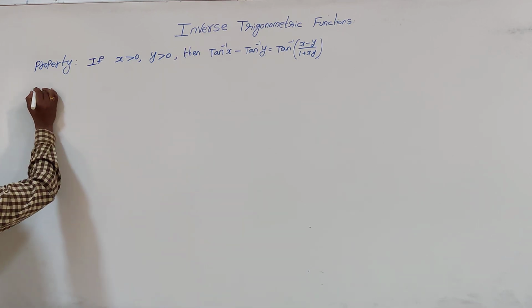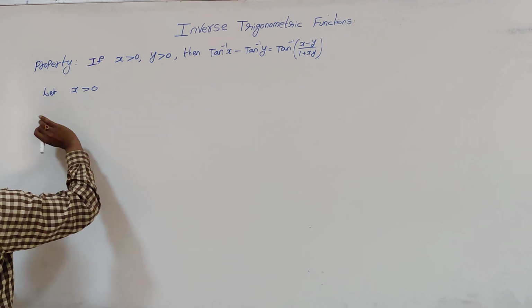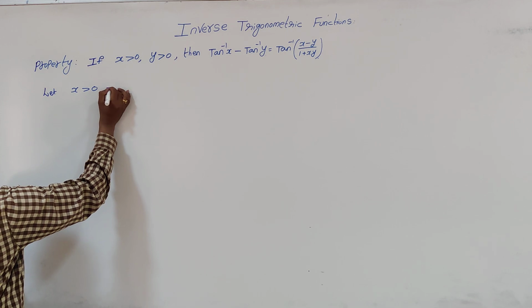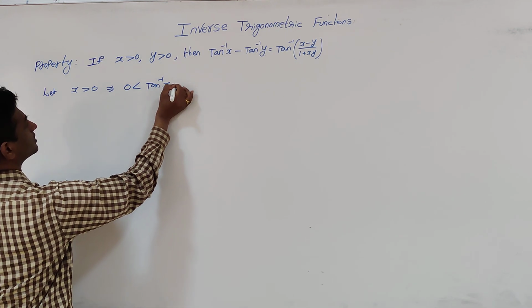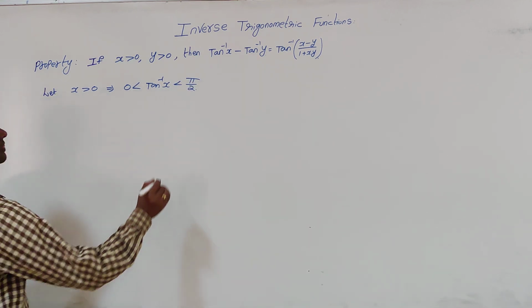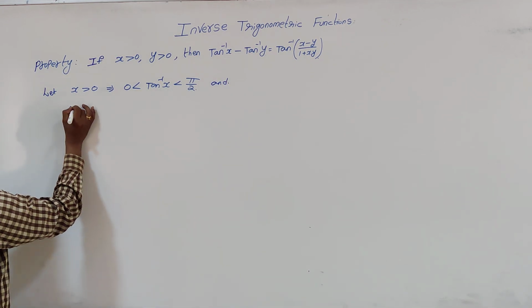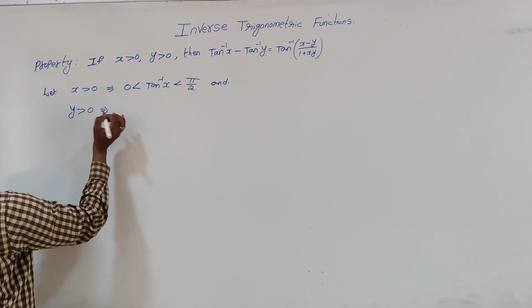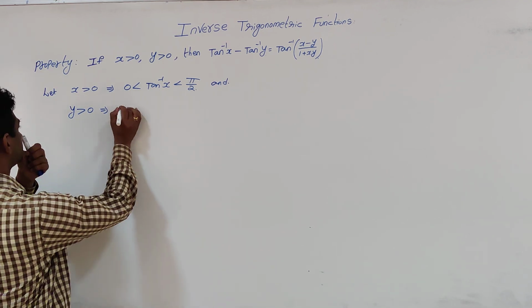So let x be greater than 0, which implies 0 is less than tan inverse of x, which is less than pi by 2. And if y is also a positive real number, then tan inverse of y is an angle which lies between 0 to pi by 2.